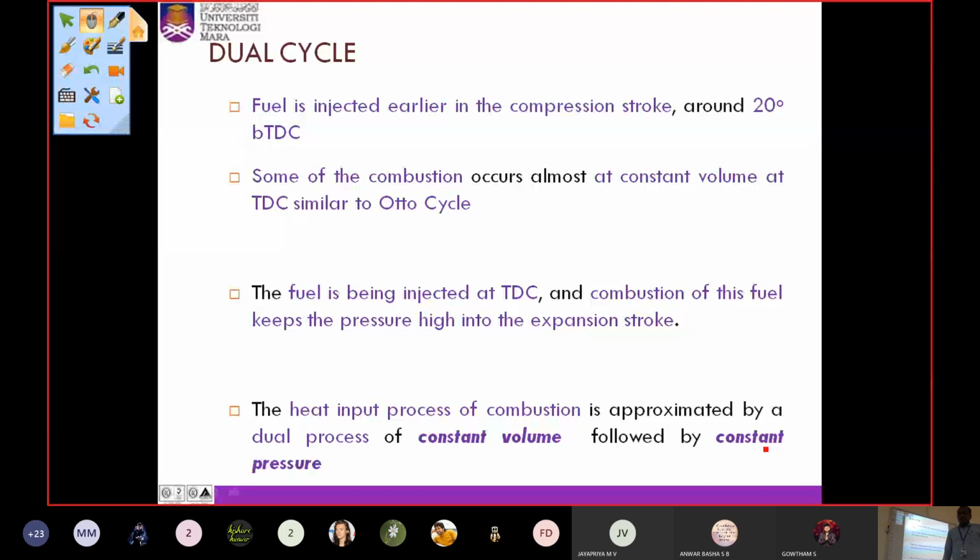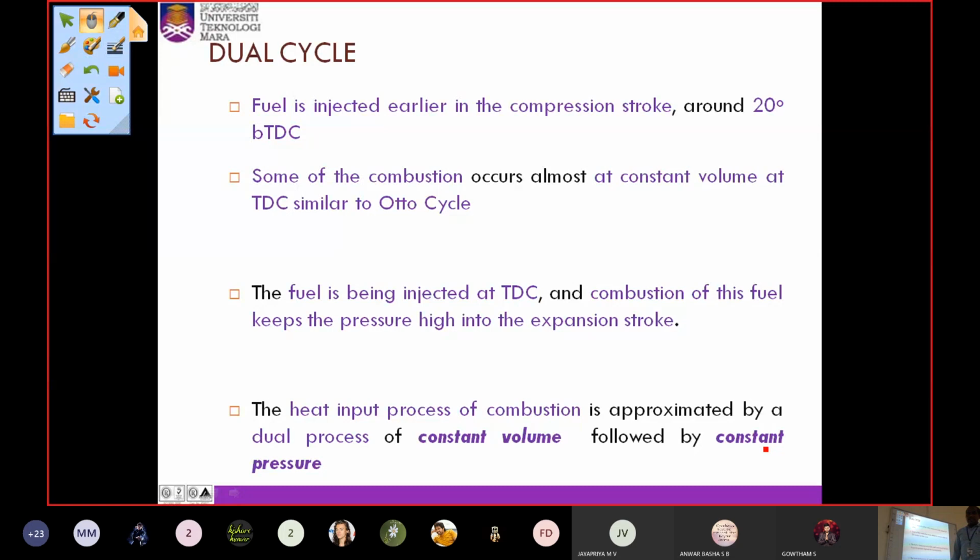Right. So in the diesel cycle, if the fuel is injected earlier in the combustion stroke, we will get this dual cycle. So some of the combustion occurs almost at constant volume in a target chamber, similar to Otto cycle. So the Otto cycle and diesel cycle, both together will give you the dual cycle.